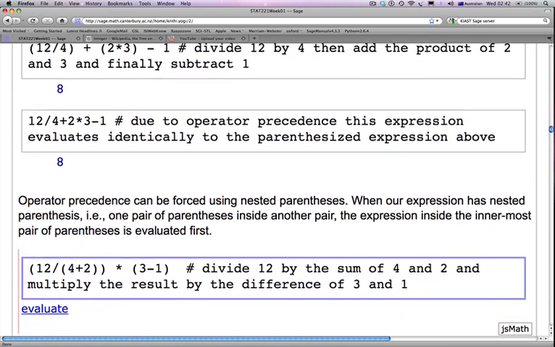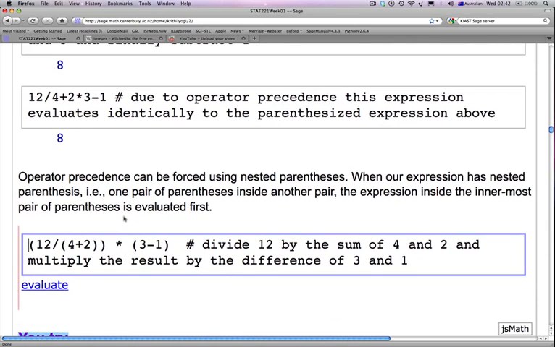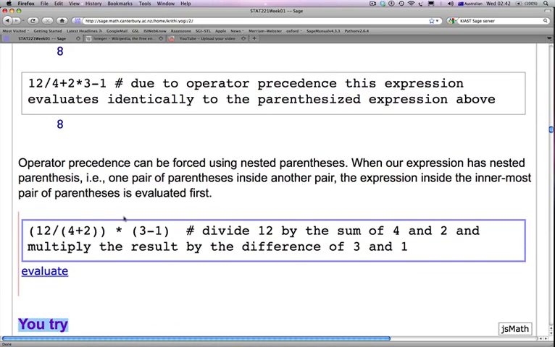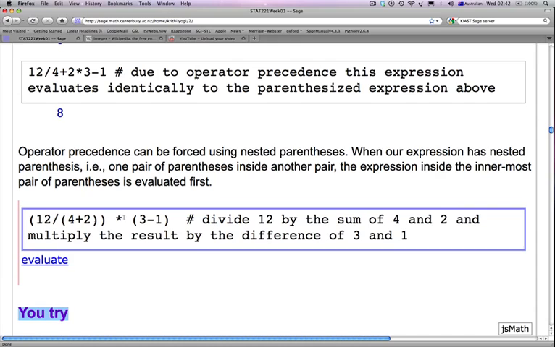So operator precedence can be forced by using nested parentheses. So when our expression has nested parentheses, that is one pair of parentheses inside another pair, the expression inside the innermost pair of parentheses is evaluated first. So in this case, 4 plus 2 is the innermost parentheses, because 4 plus 2 is inside this outer parentheses.